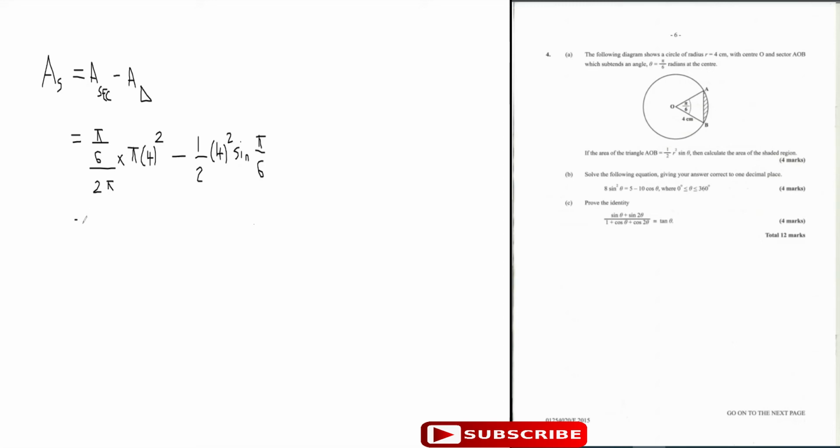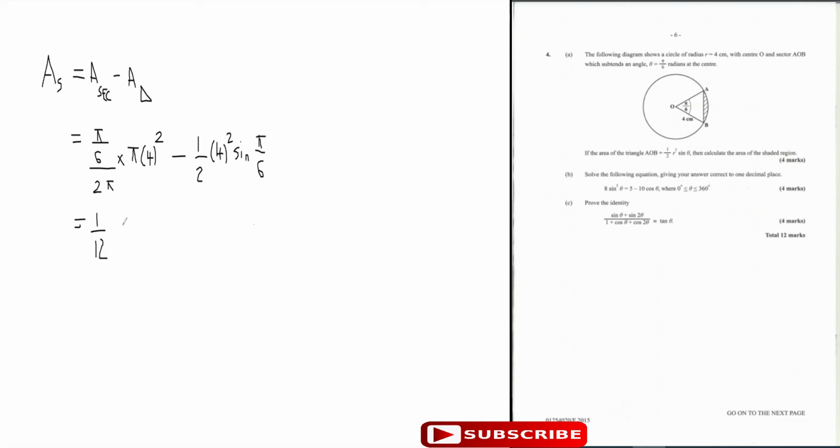And so the area of the sector is actually equal to pi by 6 divided by 2 pi. Now pi by 6 divided by 2 pi is really pi by 6 multiplied by 1 over 2 pi, the pi's cancel, and so we get 1 over 12.